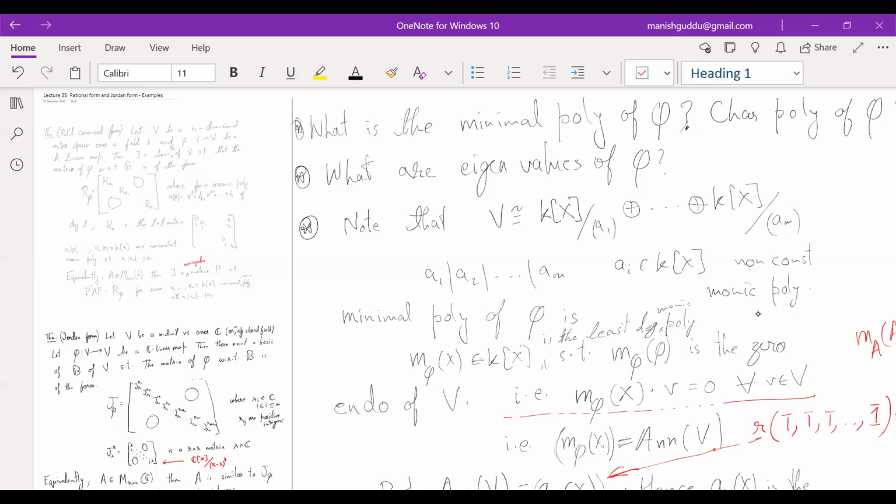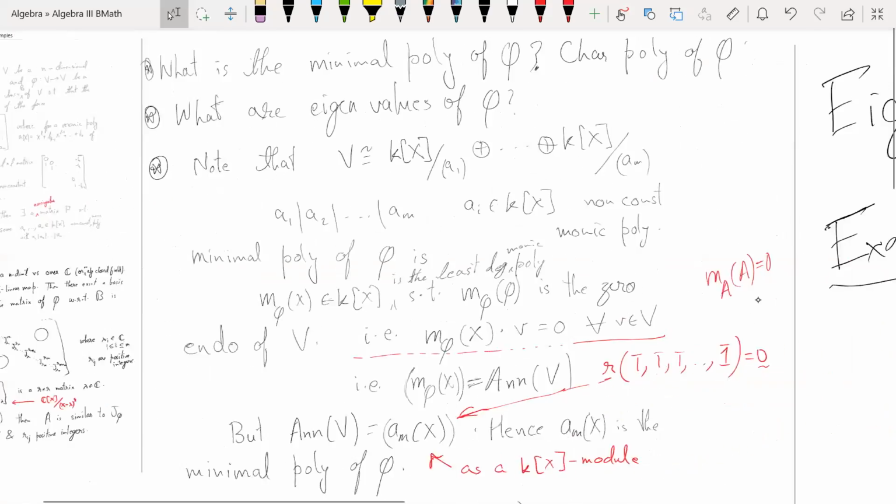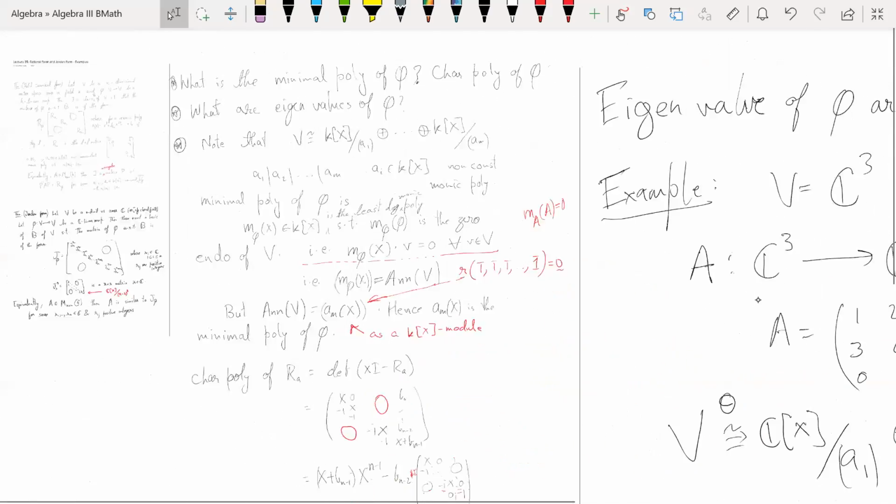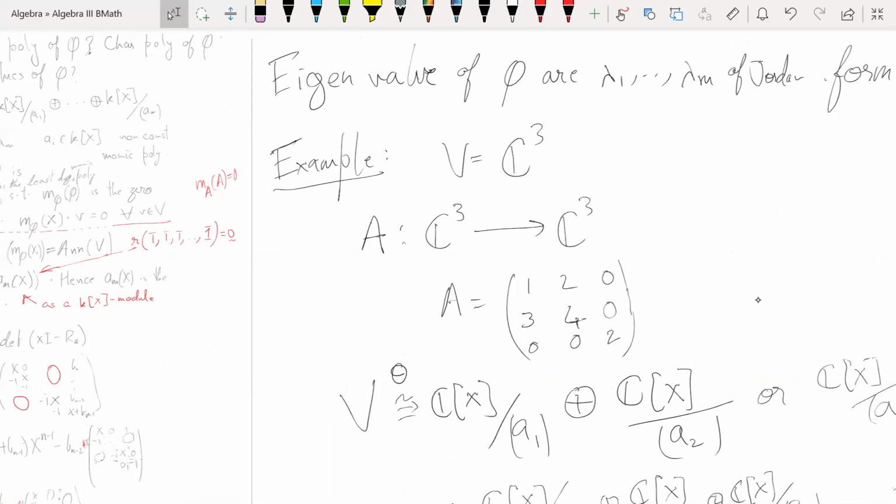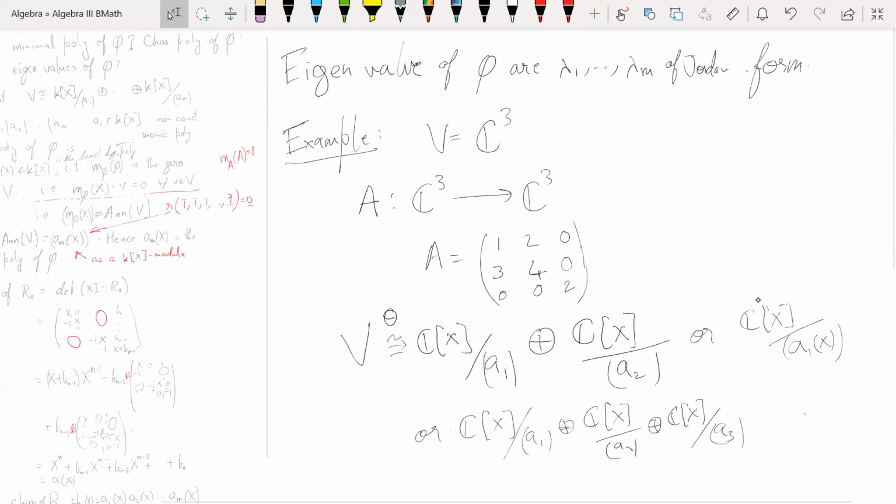Okay, so finally, eigenvalues. For that, of course, you look at the Jordan form. The eigenvalues of phi are these lambda_1 to lambda_m of the Jordan form.